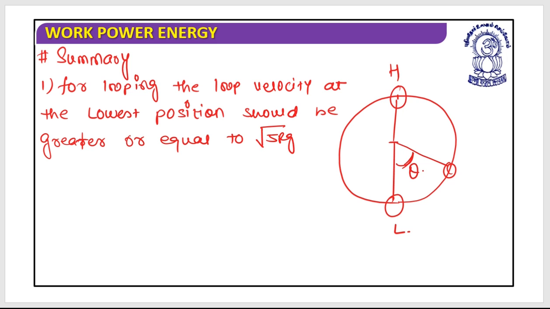First thing, for looping the loop, while I say looping the loop, I mean it is to complete at least one vertical circle, the velocity at the lowest position should be greater than or equal to root of 5rg. This is required.